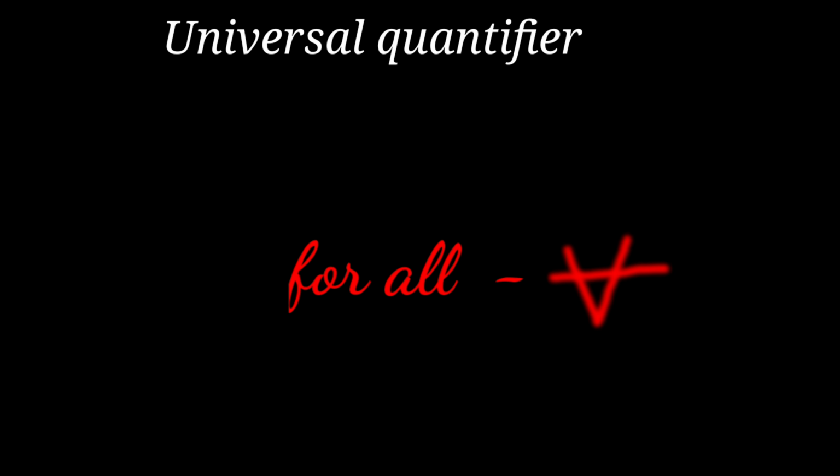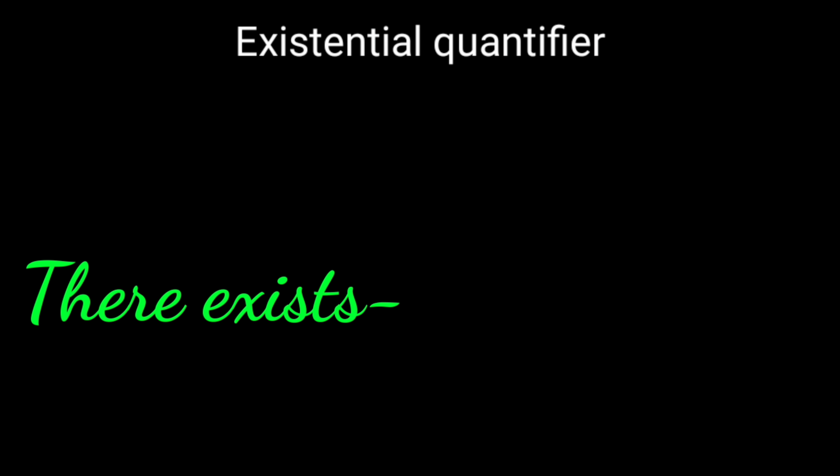Universal quantifier is denoted by the symbol for all like this, and existential quantifier is denoted by the symbol there exists like this. Now let us see how to use these notations.